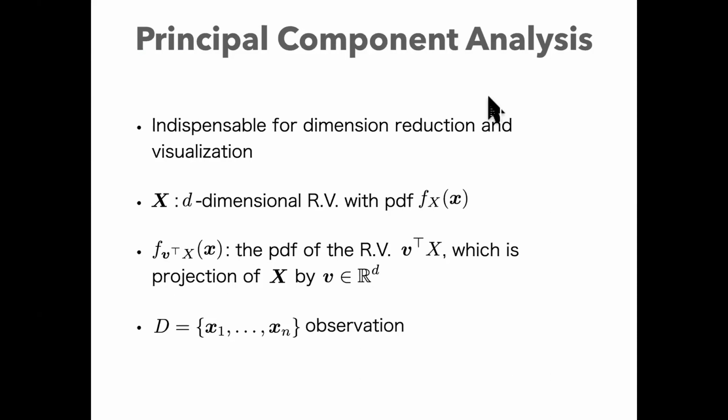In this talk, we use X for the d-dimensional random variable with probability density function f_X(x), and f_{v^T x}(x) is the probability density function of the random variable v^T x. This is the projection of the random variable x by vector v. And D is the set of realizations of x, I mean, the observations.